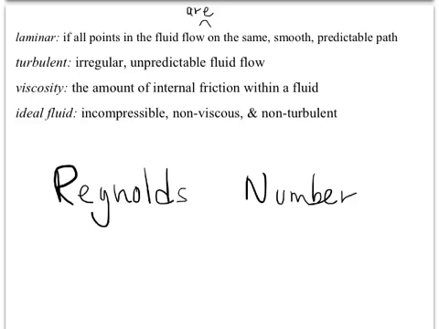A high Reynolds number indicates turbulent flow. And there's a breaking point, a boundary. We don't care what that is for now, because we're not going to calculate Reynolds numbers. But it's a quantity, it's dimensionless, meaning it has no units, that tells us whether or not something is considered to be laminar or turbulent.